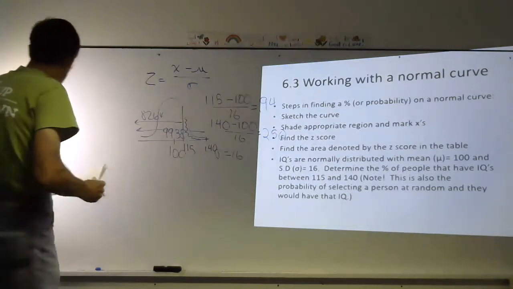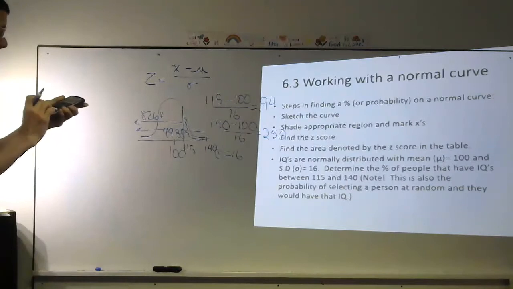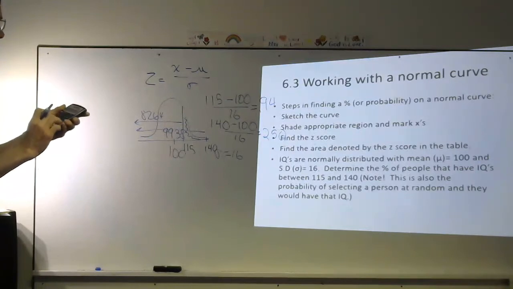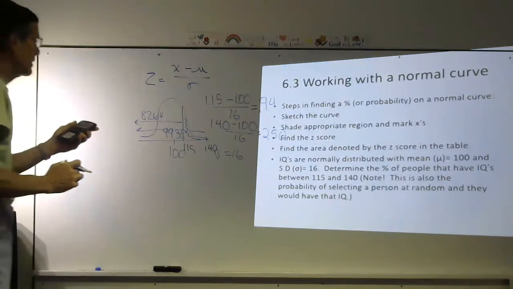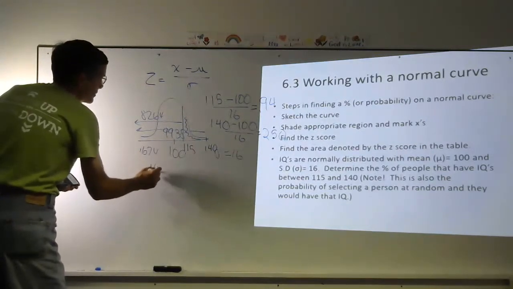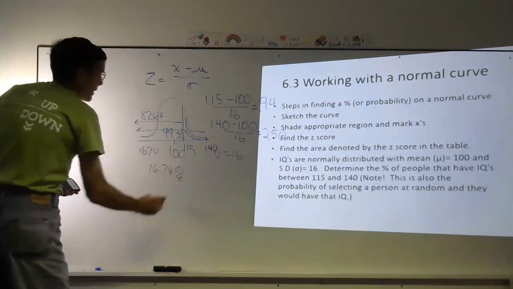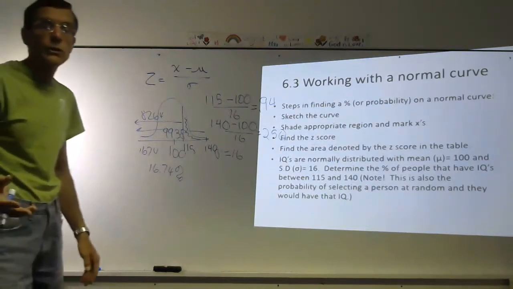How do you find the area between? You simply subtract. So I'm going to take 0.9938 minus 0.8264, and I get an area of 0.1674, or 16.74% of all people have IQs between 115 and 140.